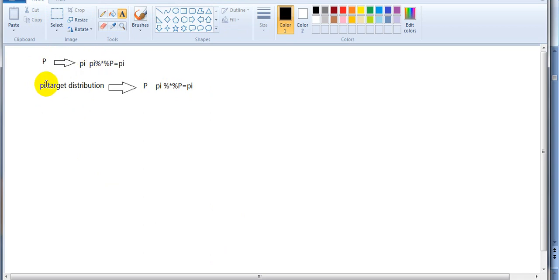However, if you are given pi and trying to find P, then most of the time there are infinitely many possible P. And we are trying to find the one that's the most useful in MCMC. So MCMC is just the reverse of the problem we learned before, finding the stationary distribution.